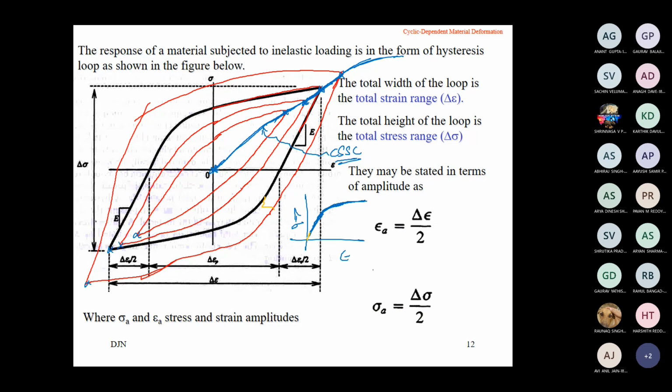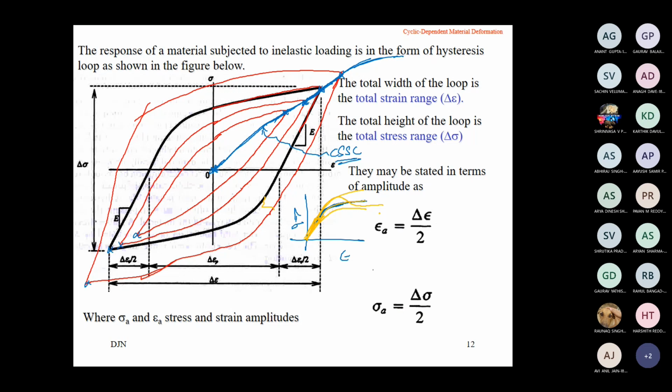Now the cyclic stress strain curve, you observe, can follow the same path as that of the monotonic curve. It can be lesser like this. It can be greater than this. It can even show a mixed mode: in some places it can be greater, then it may come down. What does it indicate?